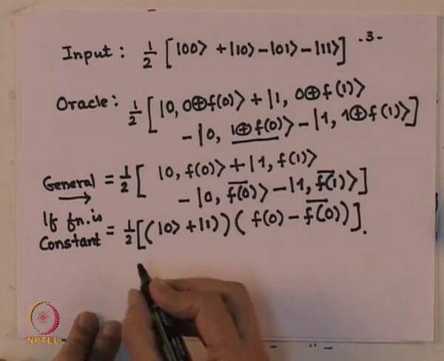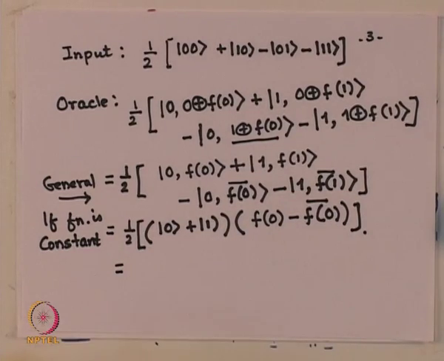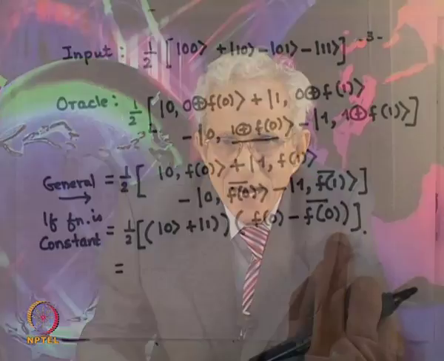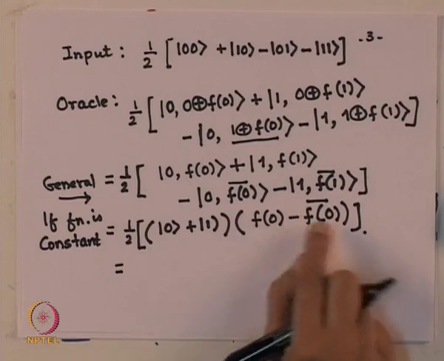So look at this now. Since f0 or f1 can take values either 0 or 1, f0 minus f0 bar is either 0 minus 1 or 1 minus 0.